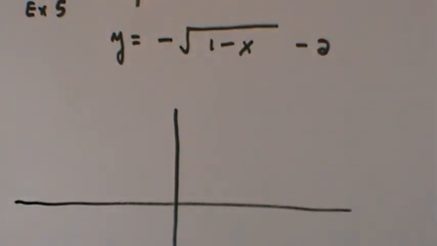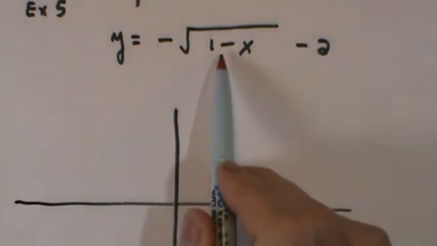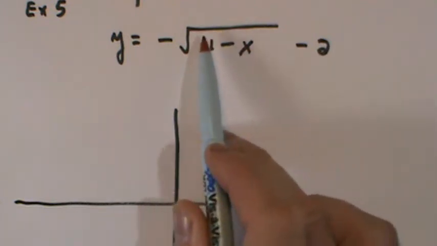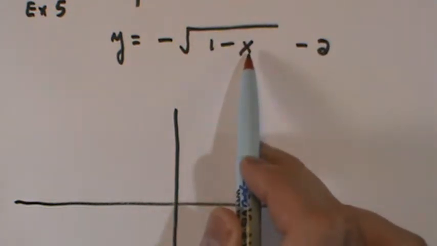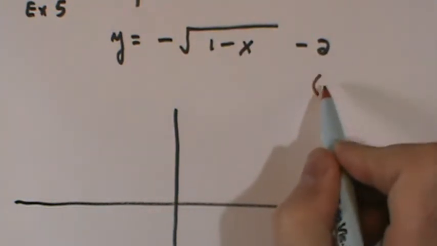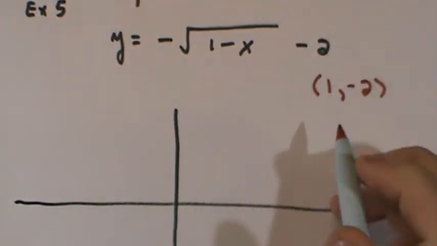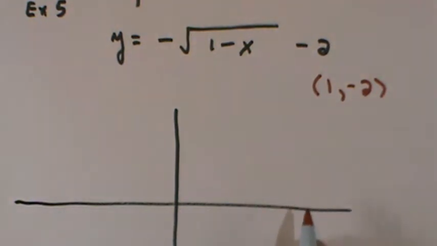We need a vertex. To find the vertex, we have to undo this. So what value creates a 0 here? If x were 1. So I have a vertex found at (1, negative 2). The value on the outside never changes. I locate (1, negative 2). That's my vertex.